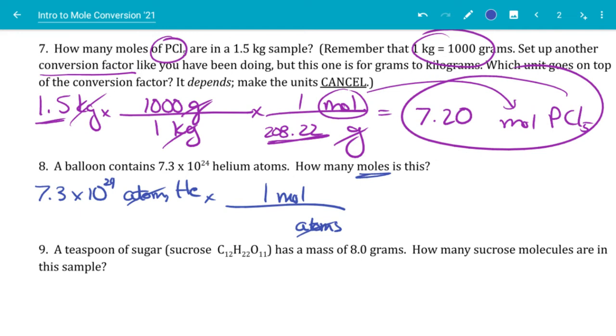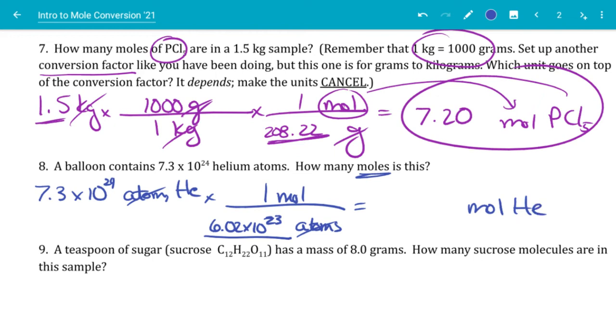Atoms will cancel out. How do I know how many atoms? Well, that's Avogadro's number, 6.02 times 10 to the 23rd. If you're not sure where I got that, look at your mole roadmap. I try to avoid my mole roadmap because I think it's a crutch that's not very helpful once we get good at this. Okay, so moles of helium is my unit at the end.